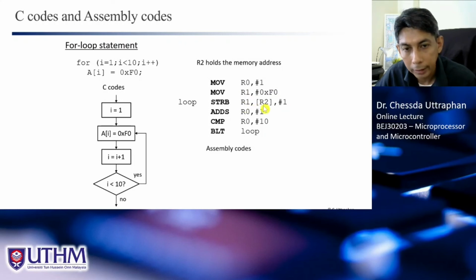AI is in the memory. So here R1 we store in the memory pointed by R2, and we increment by 1: we add 1 to R0, which is I. And we compare whether R0 or I is equal to 10 or still less than 10. BLT is branch if less than, right? So if less than 10, we just go back to the label loop, and store.